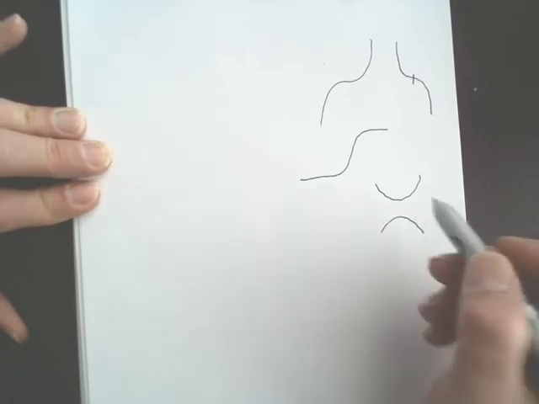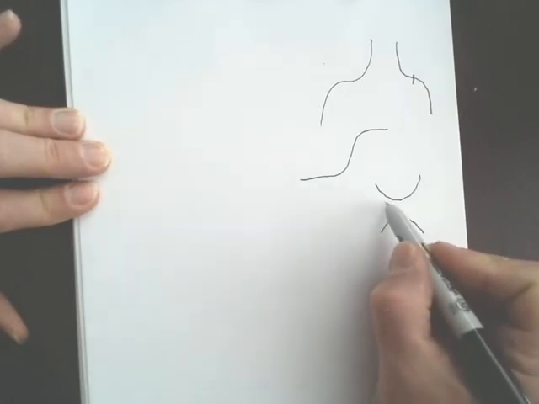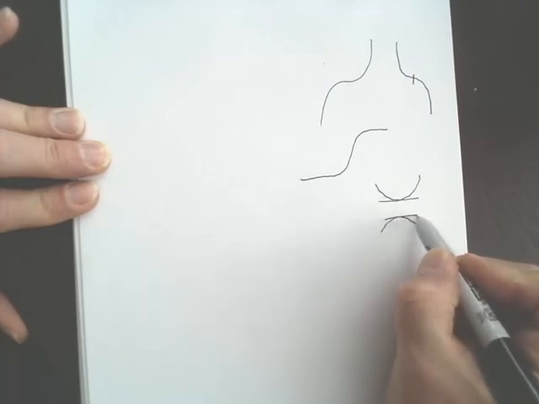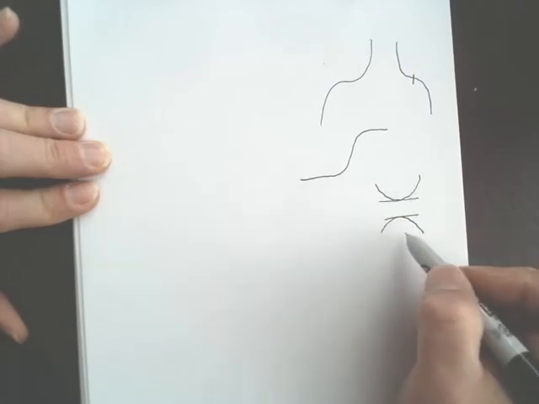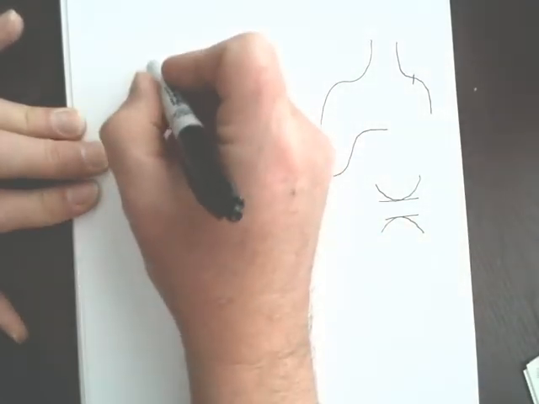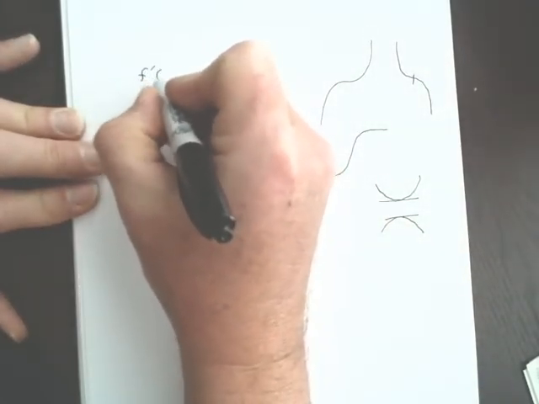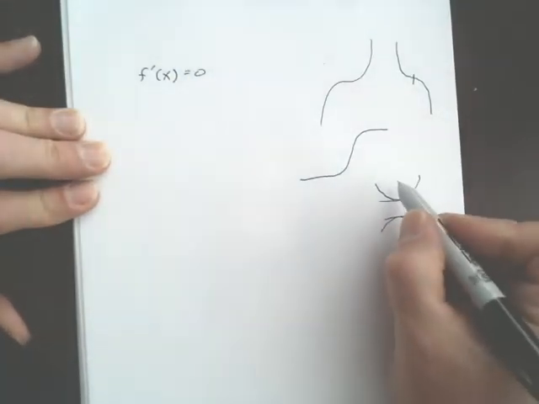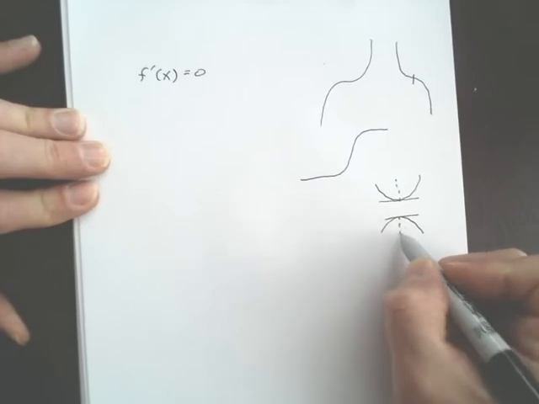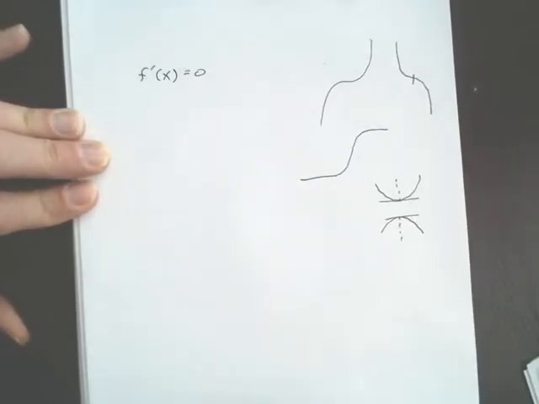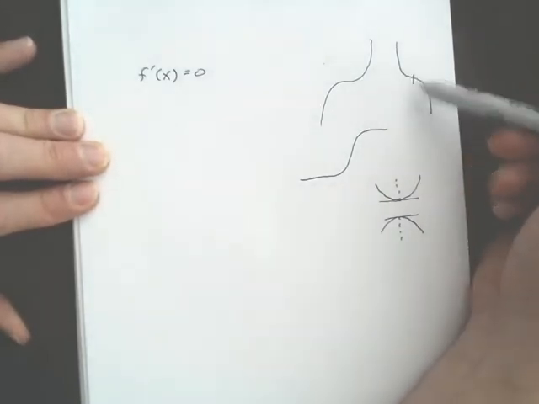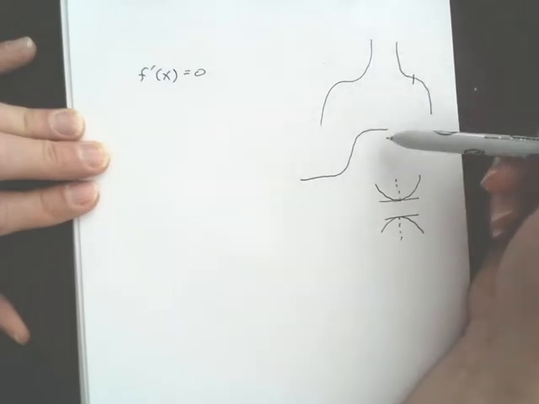Now, when we determined the maximum or minimum of a quadratic function, we focused on the first derivative, f prime of x. We would set that equal to 0 in order to find the x or q coordinate of that maximum or minimum. The problem here is there may not exist a maximum or minimum on a cubic function.